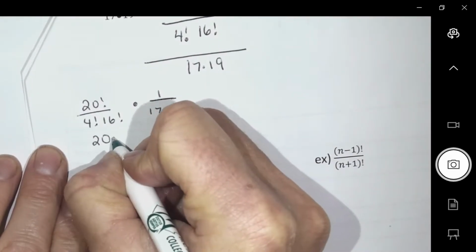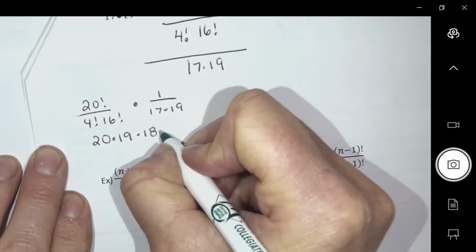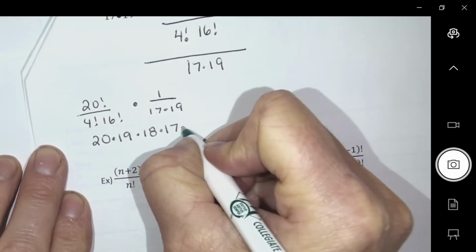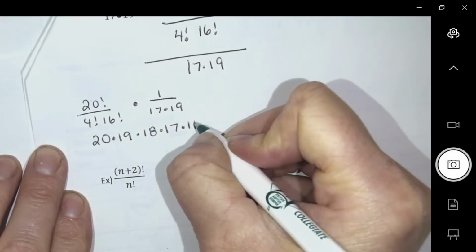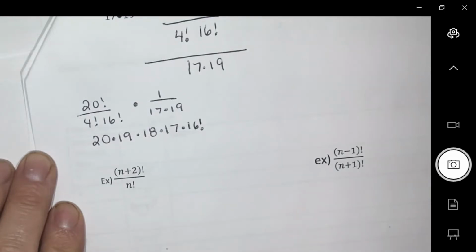20, 19. How do I know where to go to? 18, 17, 16. Stop. 16 and beyond.